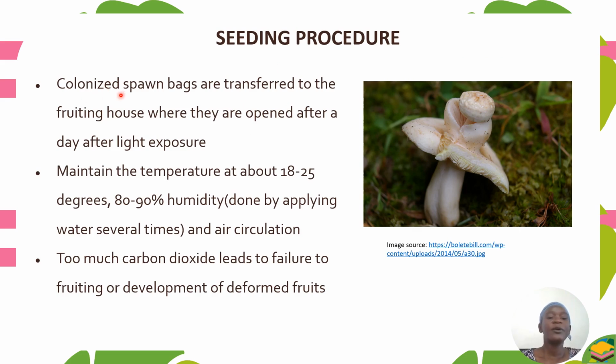The colonized spawn bags are transferred to the fruiting house where they are opened after a day of light exposure. Make sure that you maintain the temperature at about 18 to 25 degrees Celsius, and the humidity should be 80 to 90%, and this can be done by applying water several times, and air circulation is needed as well.